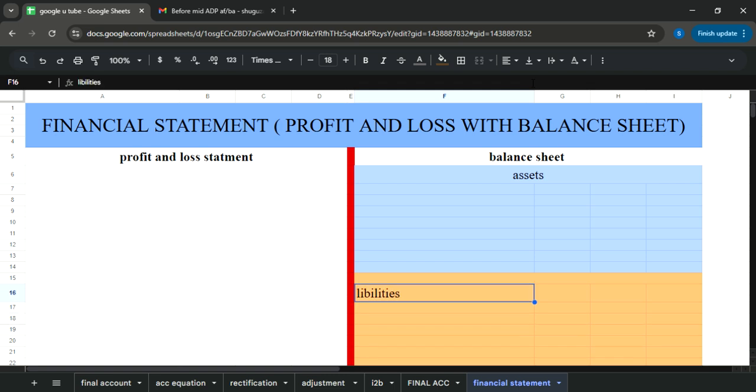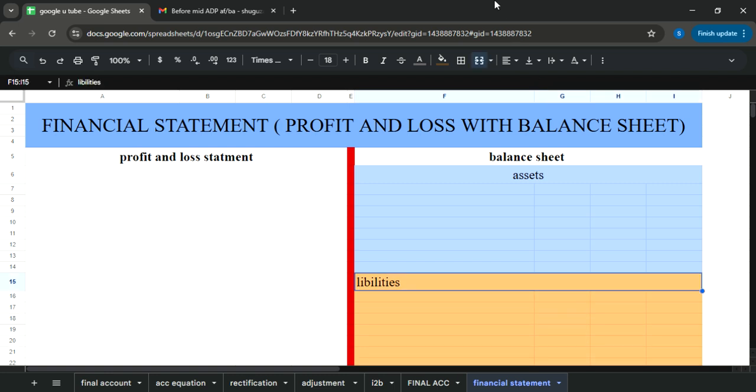Now please understand that these liabilities will be calculated at the lower part, and assets we will calculate on the upper part of this balance sheet. So what we have done, the right page we have divided into two parts. The upper part would be used to demonstrate assets, the lower part would be used to write all liabilities of the business. In this way you can see that we have divided the right page into two parts.